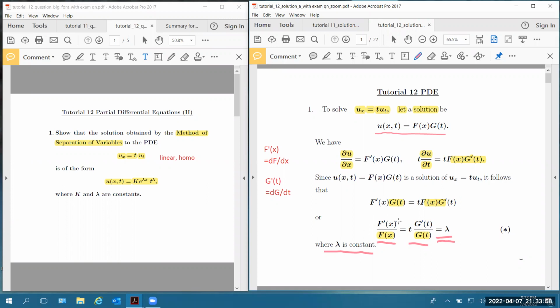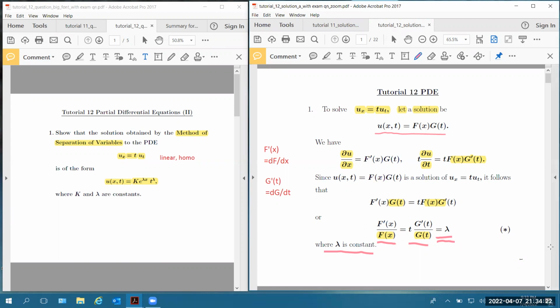So how can a function of x equal a function of t? Unless both are equal to a constant. That means they don't depend on x, also don't depend on t. Both are equal to a constant. So that's the reasoning behind.